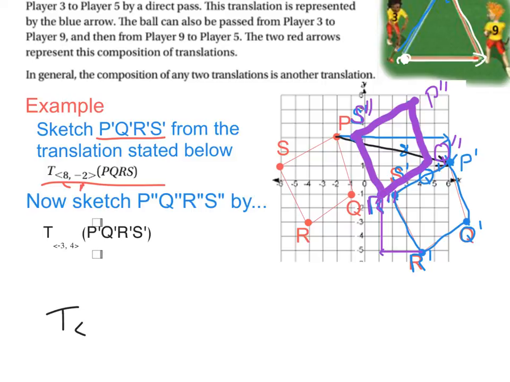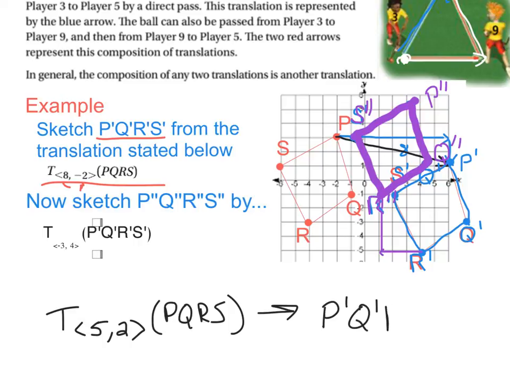So that could be rewritten as a transformation of 5, 2, that's 5 X direction, 2 Y direction, of P, Q, R, S. That's going to translate to P prime, Q prime, R prime, S prime. Actually, these should be double primes. That's our resulting figure.